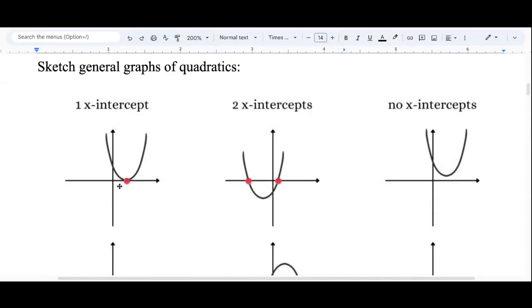So in this one, we should get x minus a number squared. And the second one, we have two roots. And for those three, the leading coefficient is positive. So the letter A is positive. So we could have one root, two roots, or no roots, no x-intercepts.